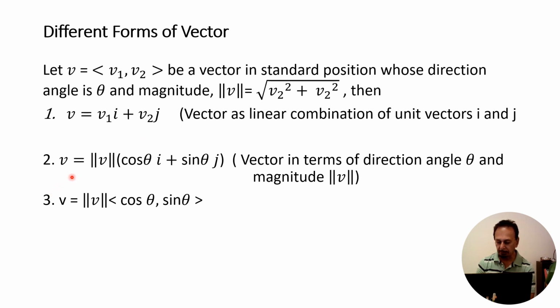Number 2, we can write v as the magnitude of v times (cosine theta i plus sine theta j). That's the vector in terms of direction angle theta and magnitude. Number 3, we can write this as the magnitude of vector v times ⟨cosine theta, sine theta⟩.